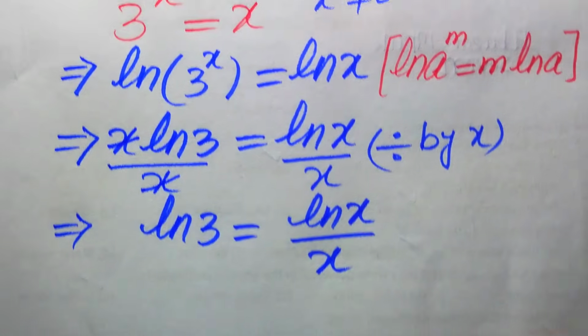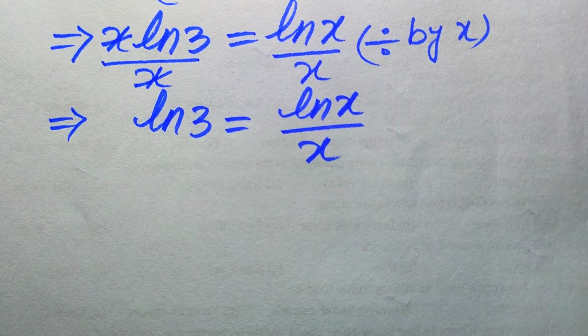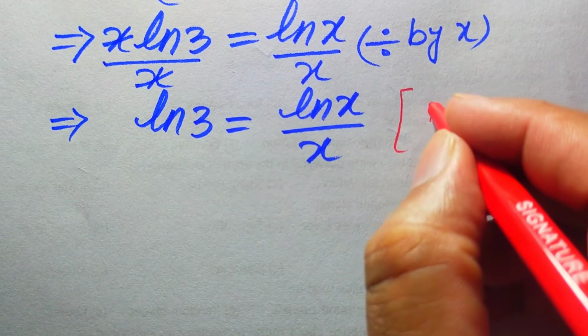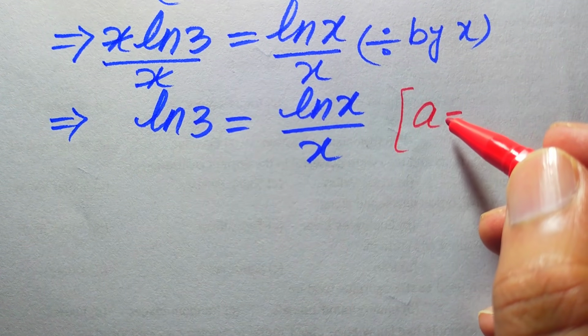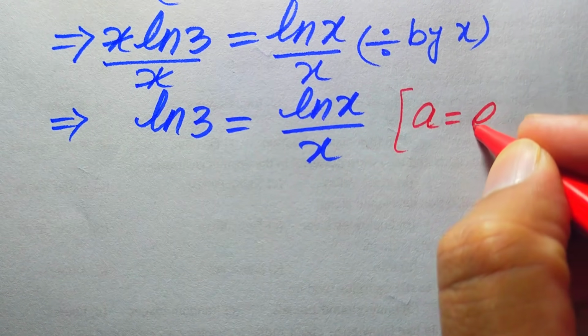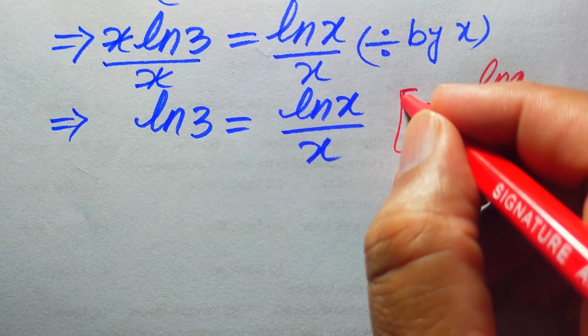Here we use another exponential property. If we have any number a, and we apply log and anti-log at the same time to this a, it can be written as e to the power of log a.